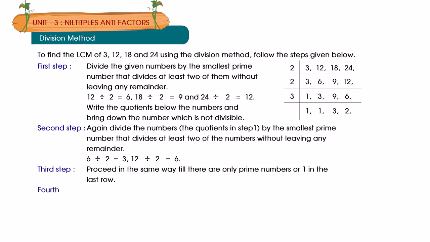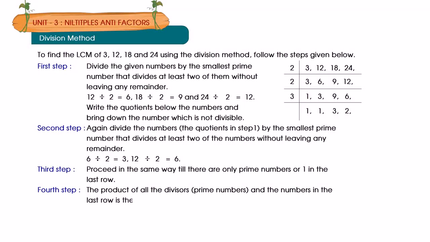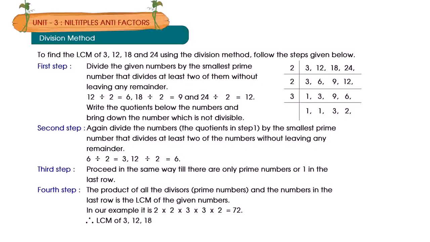Fourth step. The product of all the divisors, prime numbers and the numbers in the last row is the LCM of the given numbers. In our example, it is 2 into 2 into 3 into 3 into 2 is equal to 72. Therefore, LCM of 3, 12, 18 and 24 is 72.